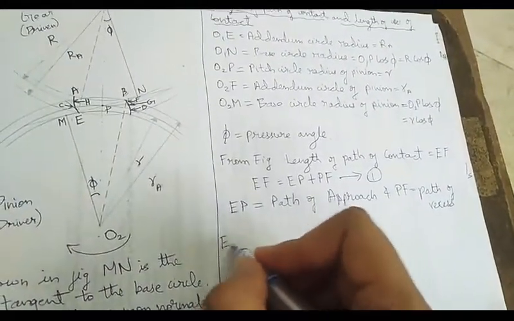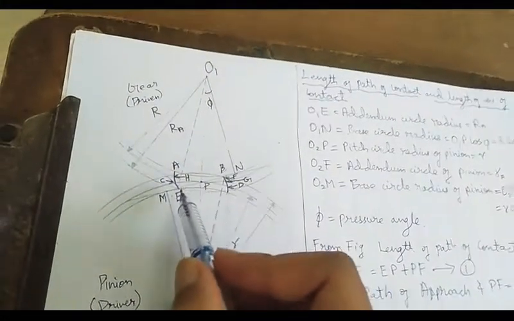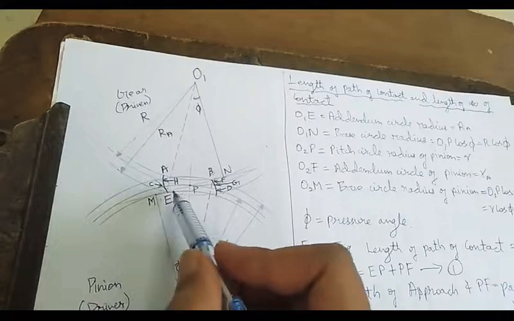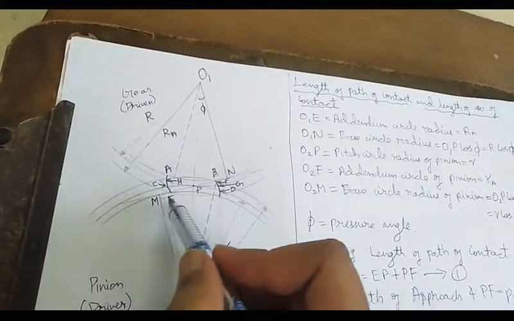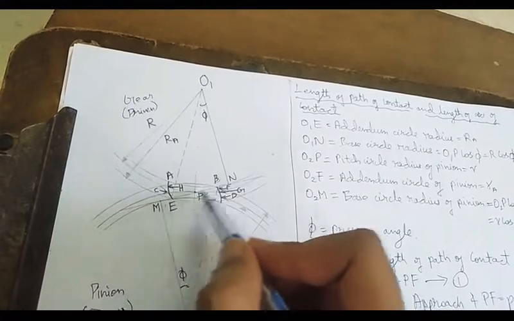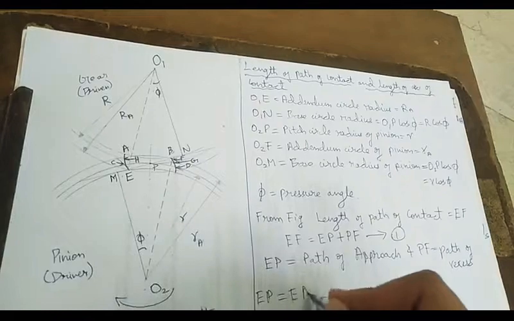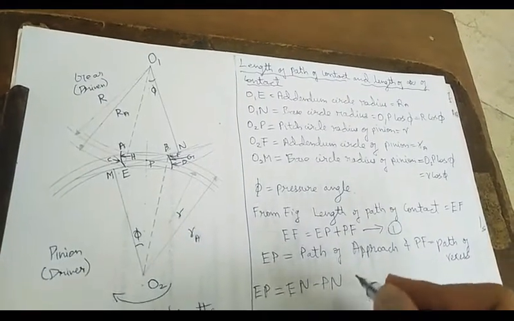Now from the figure, EP is given by EN minus PN.